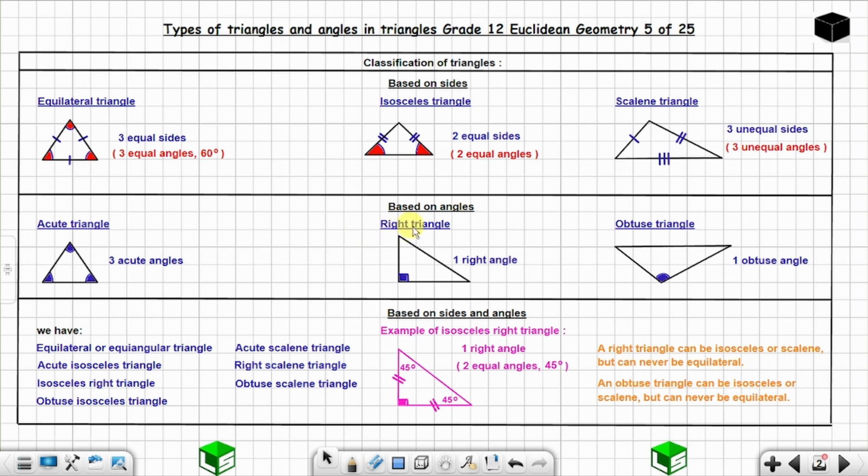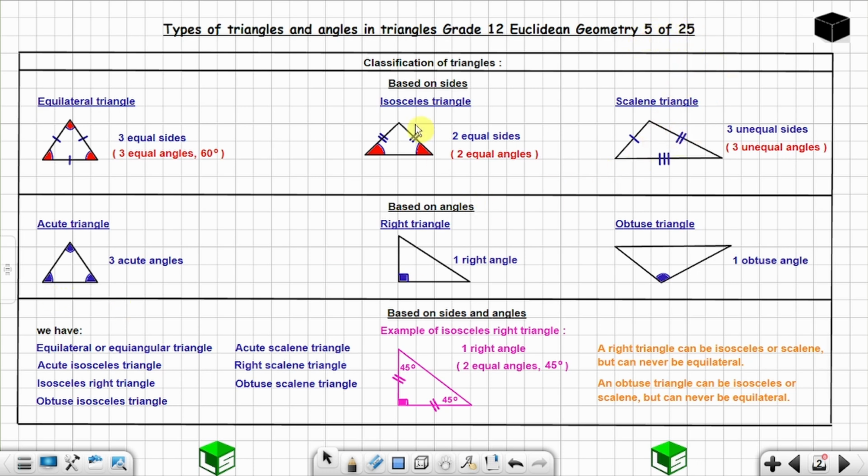Now, in a right triangle, you are going to have one right angle. And in an obtuse triangle, you are going to have one obtuse angle. So, if you don't know about the types of angles, I suggest you go to part 2 of 25.